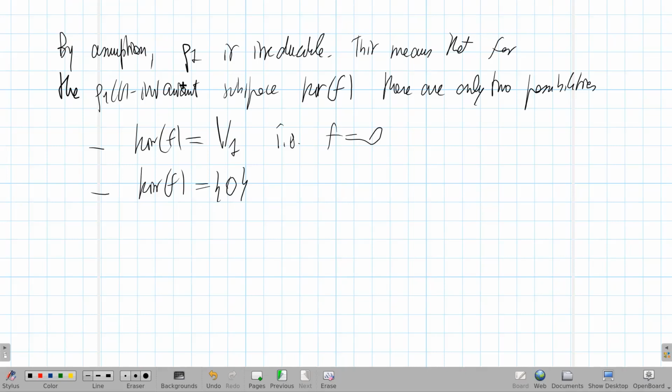That's good. So we are in this case. Now we look at the other end: by assumption again, rho 2 is irreducible. So there are two possibilities.